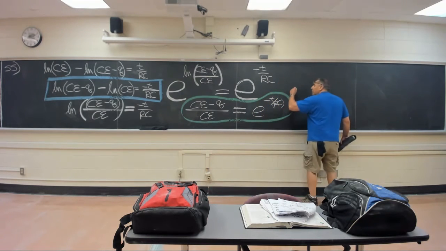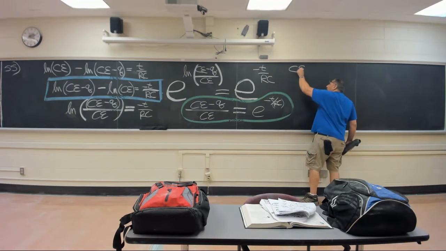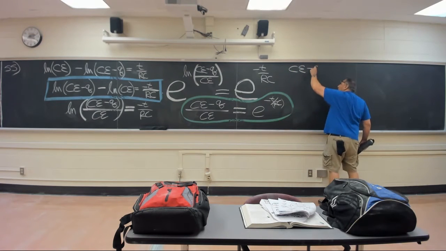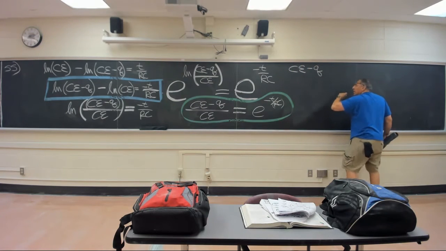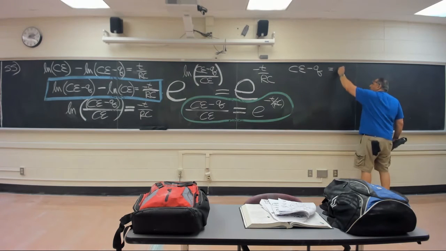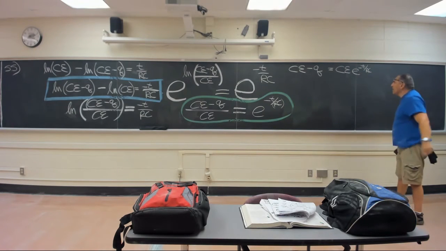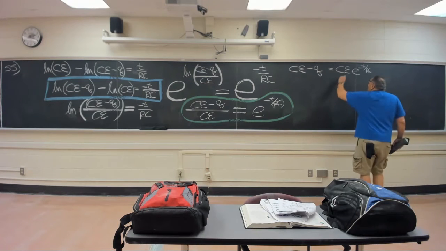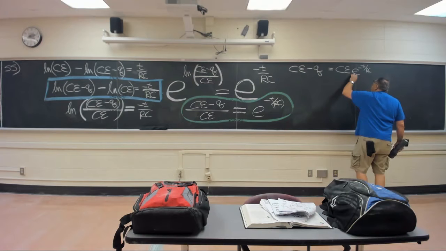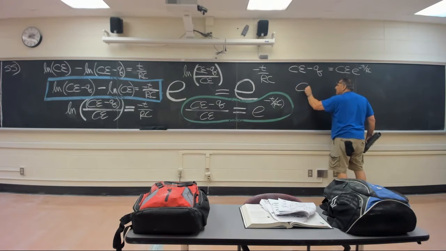Well, let me look. By the time I explain it, I might as well just do it. Multiply by CE on each side. And you got this. Subtract CE e to the negative t over RC on each side.